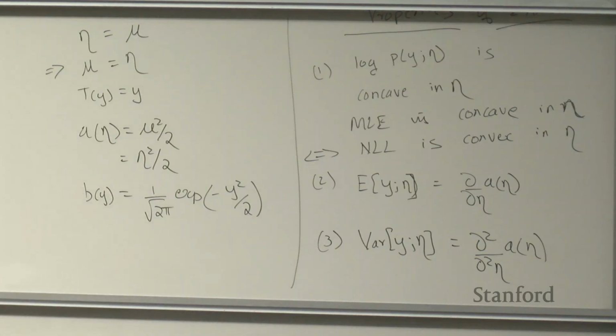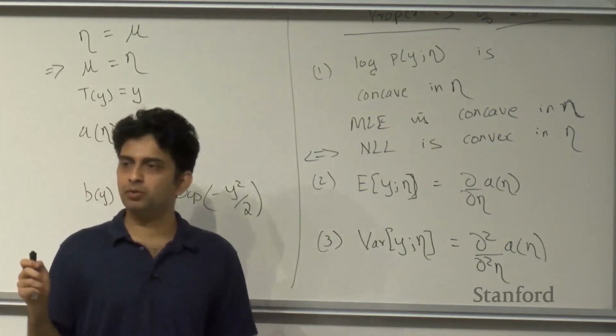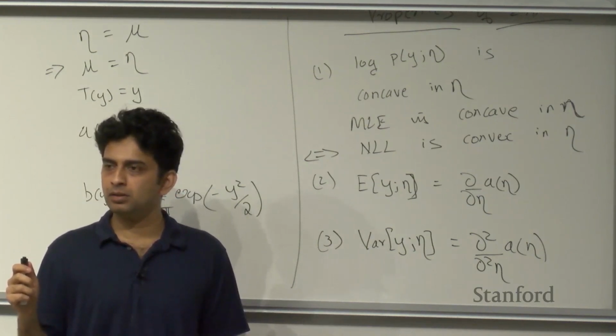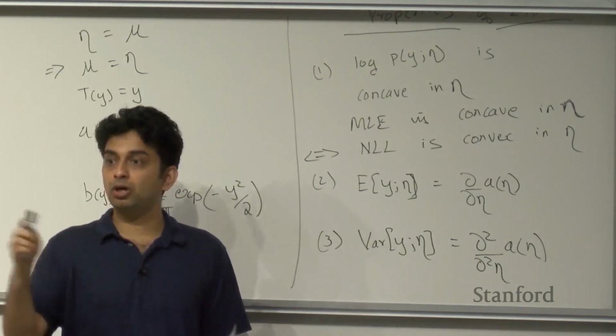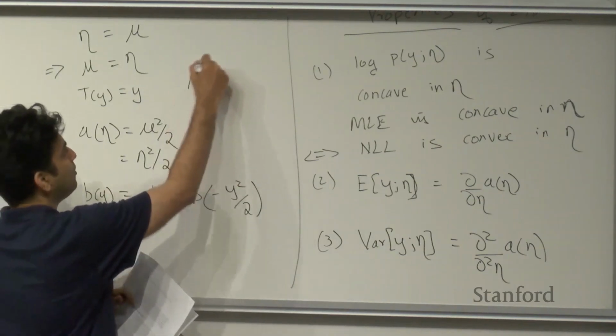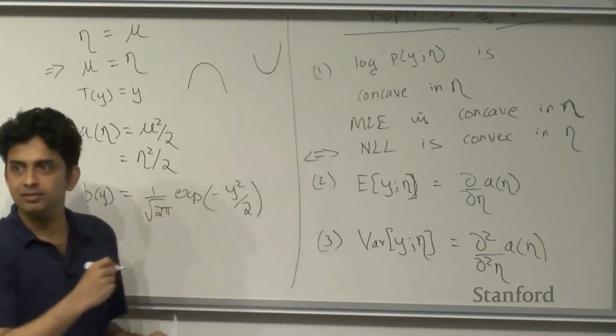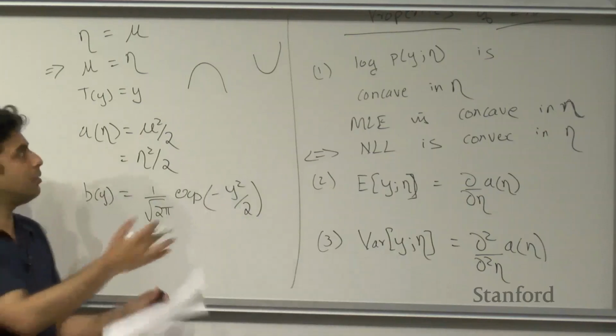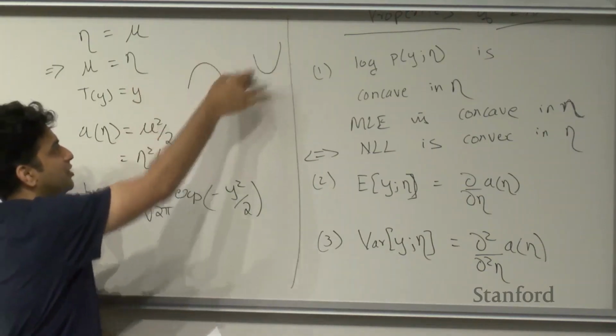Next question. When you say concave, you always mean concave down. Can you please explain what's concave down and concave up? Oh, okay. I see. So the question is, by concave, do I mean this or do I mean this? Is the function shaped like this or shaped like this?